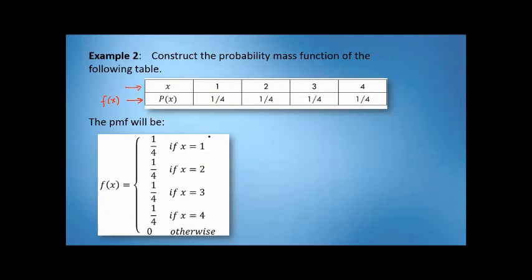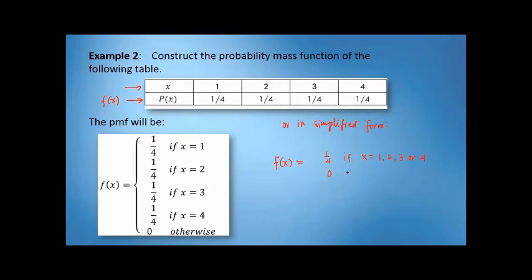Now, since we notice na pare-parehas naman siya, pwede natin siyang i-simplify. Or in simplified form, okay. So again, f of x is equals to 1/4 if x is equals to 1, 2, 3, or 4.